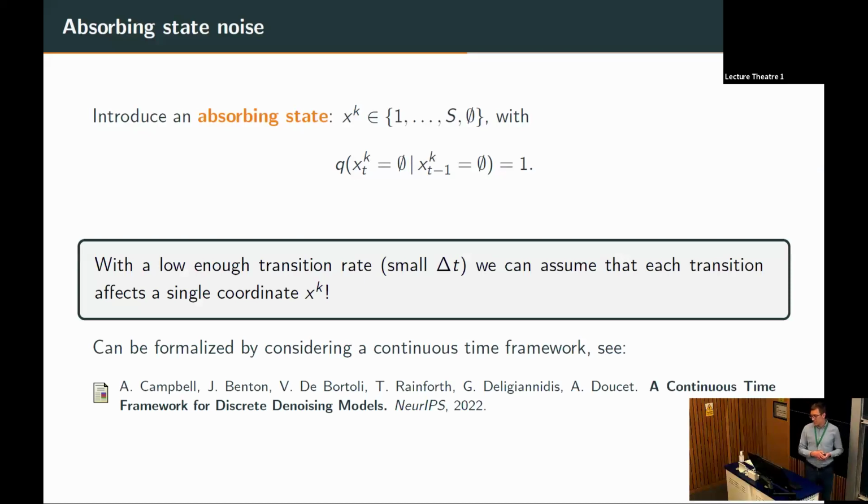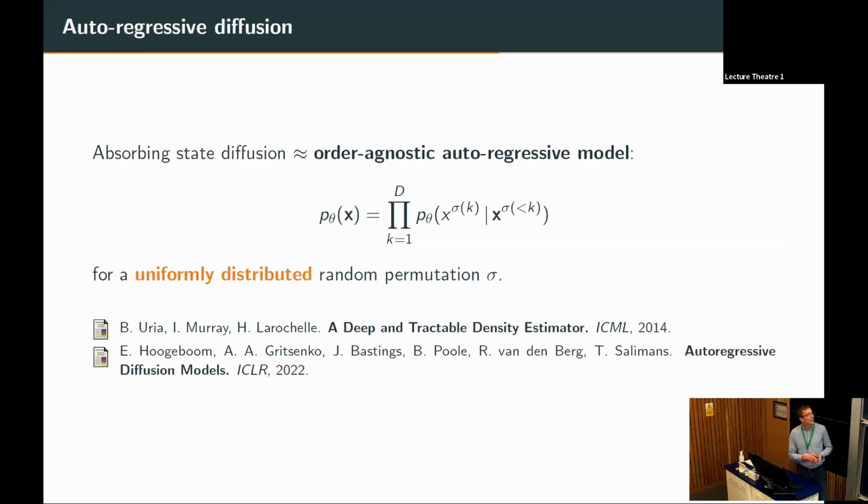And furthermore, if we do this with a low enough transition rate, then at each time step we'll only mask out one single coordinate. And looking at this, I realized that it's actually quite similar to an autoregressive model.